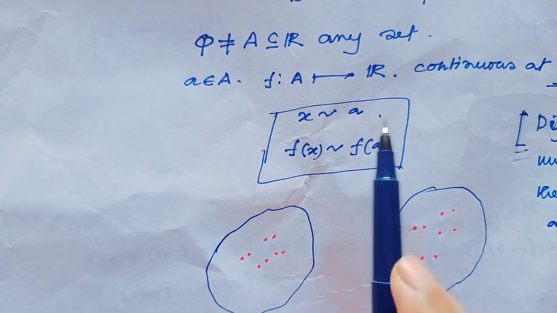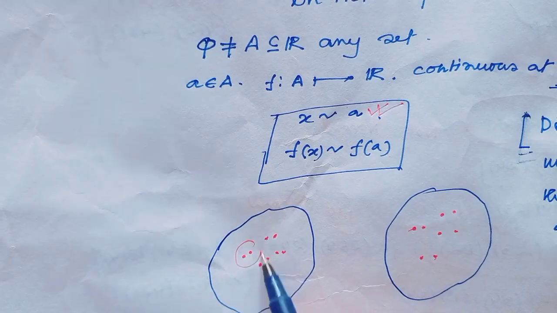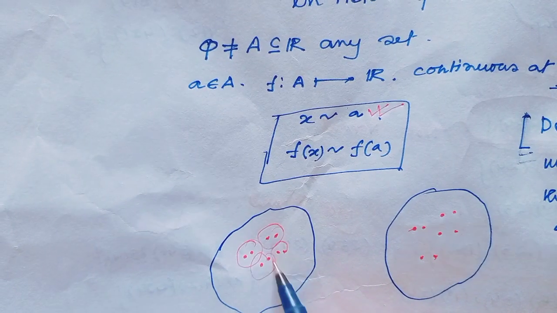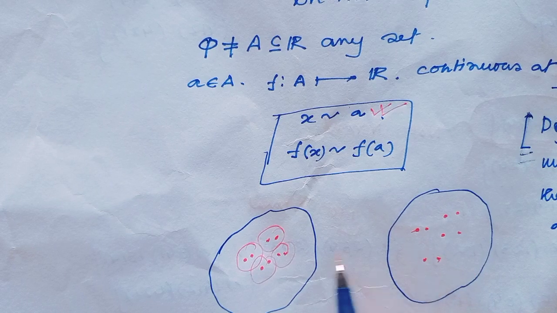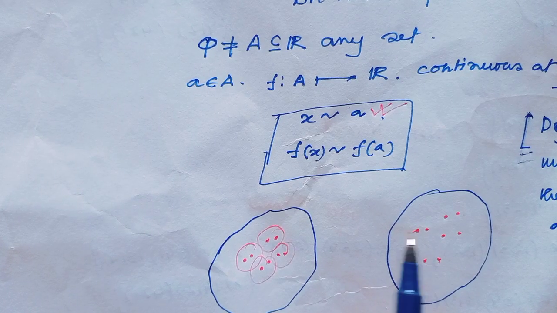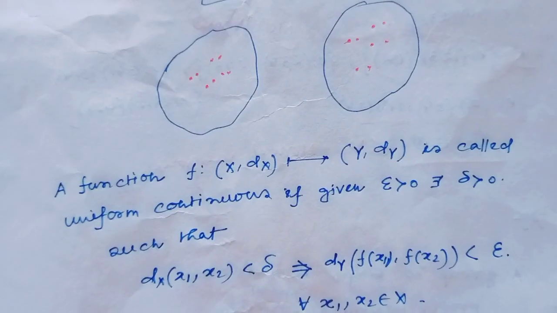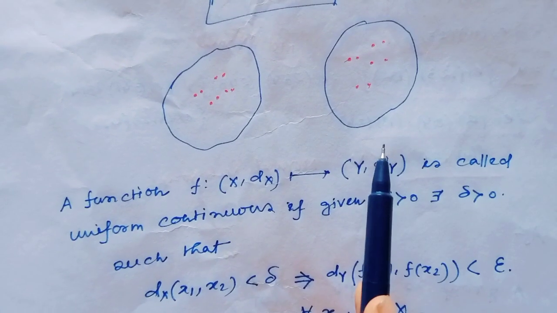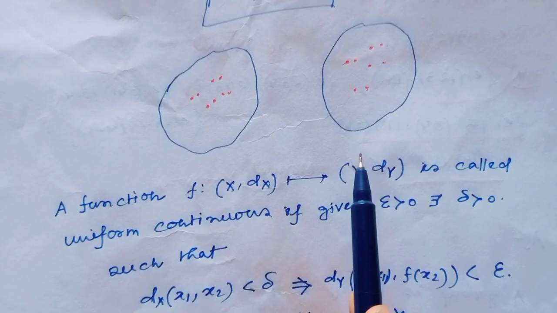Here x goes to one specific point, but here all are arbitrary points in the set. And in metric space, from this picture we know the definition of uniform continuity in real numbers.